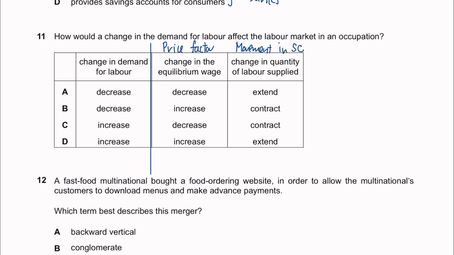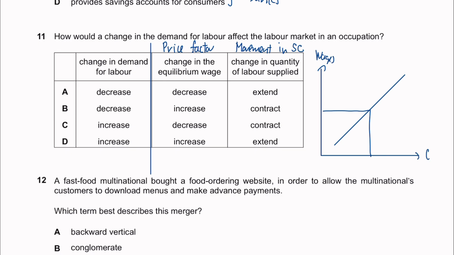There will be up and down movement due to the price change. Okay, let's draw out a simple diagram. Just draw a supply curve. This is the original wage, and this is quantity.